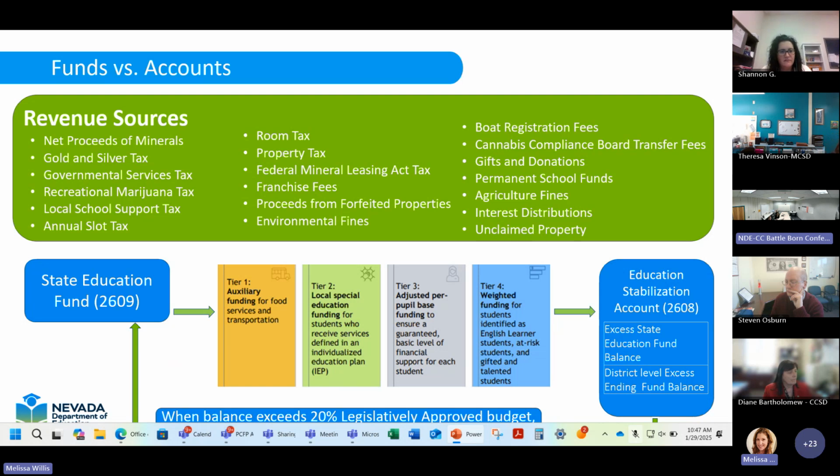Okay, because we've got this other thing down here in Clark, which we affectionately called the proportionality. Well, it's in one of the NRSs where it talks about rural and specialty schools.